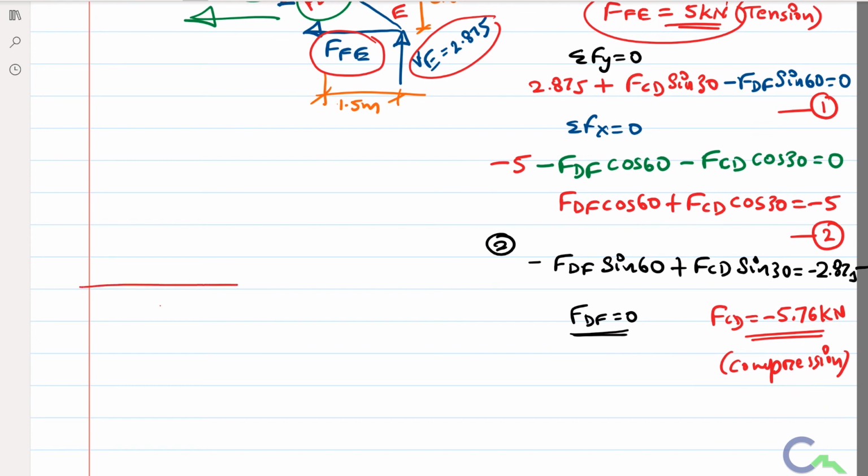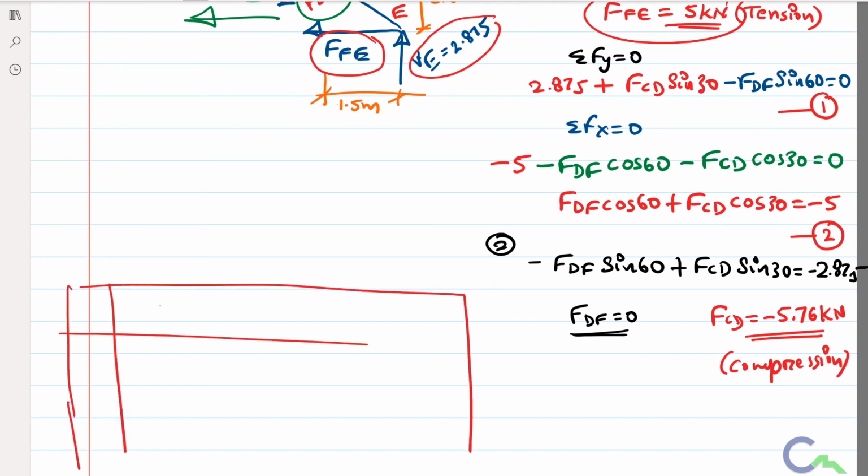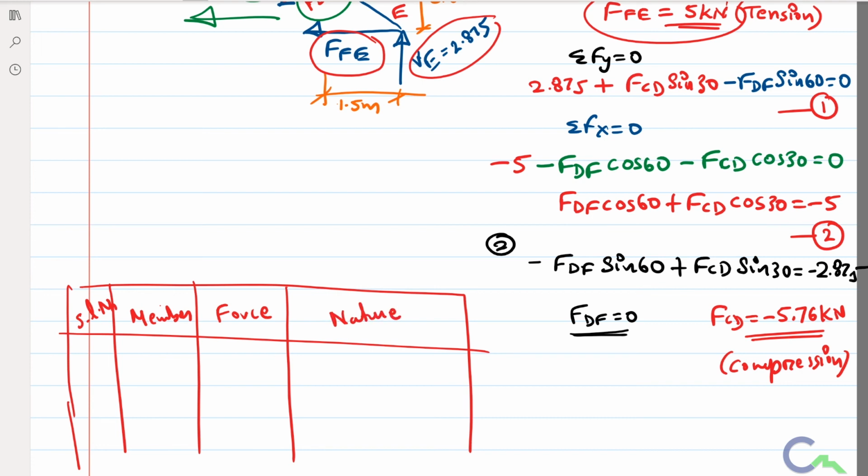After that we have to form the table. In that table, the first column should be the serial number, the second column is the member, the third column is the force, and the fourth column should be the nature of the force.